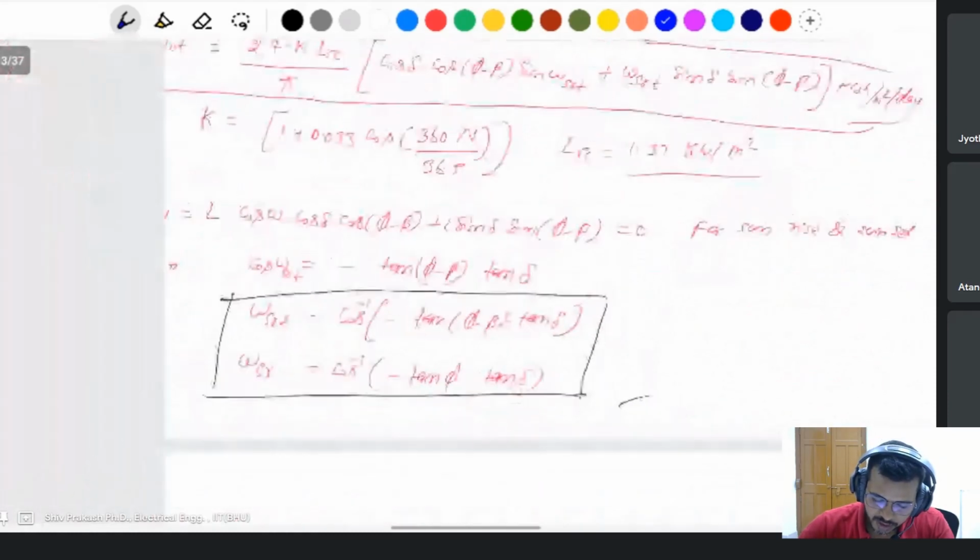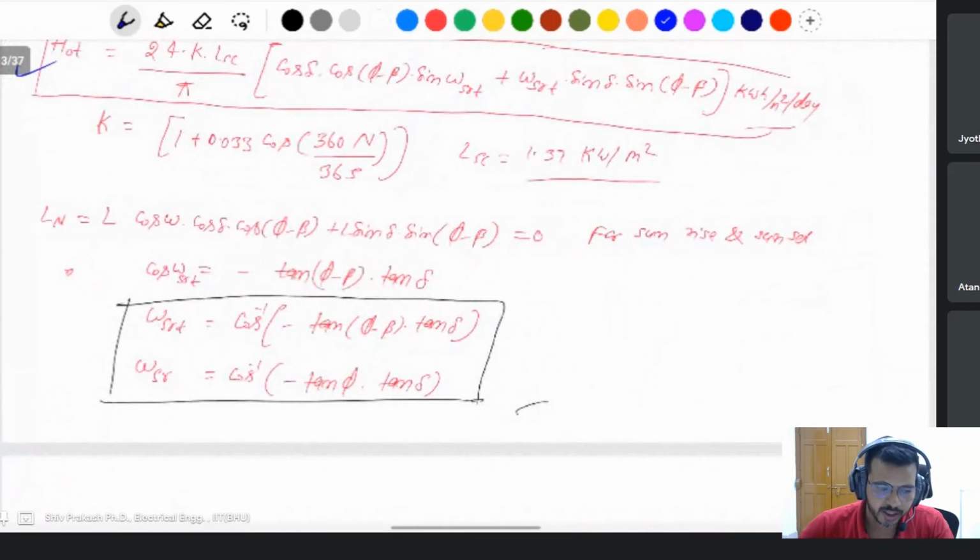If you want to consider all the effects, like air mass effect and clearness index factor, a lot of things, because of the scattering or diffusion by the clouds of all the rays coming from the sun.